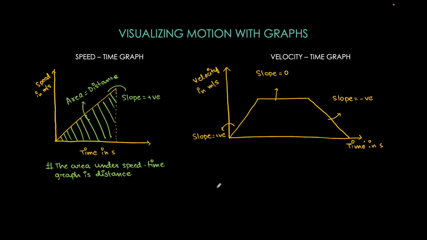Let us quickly find out. So the slope is what? V2 minus V1 divided by T2 minus T1, right? V2 is basically the final velocity, which we can write as V, and V1 is the initial velocity, which we can write as U. So this can be written as del V by del T. And you have seen this expression before. Yes, right. This is the expression for acceleration, right?